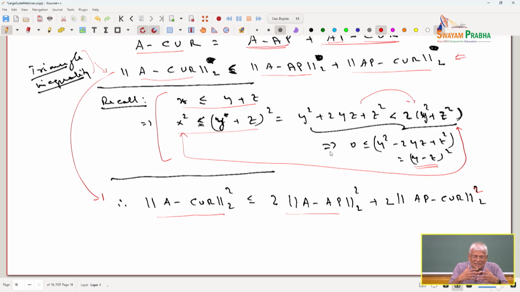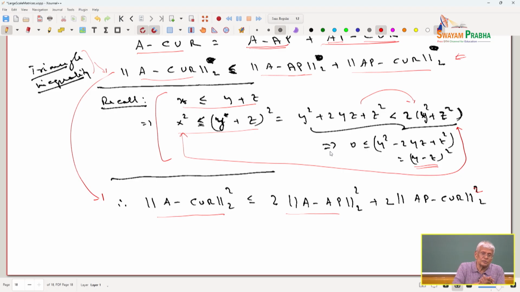Besides taking more time, I am not able to relate the columns of U to the columns of A directly, or the rows of V transpose to the rows of A directly. That is the criticism of the SVD approach, but it is optimal.